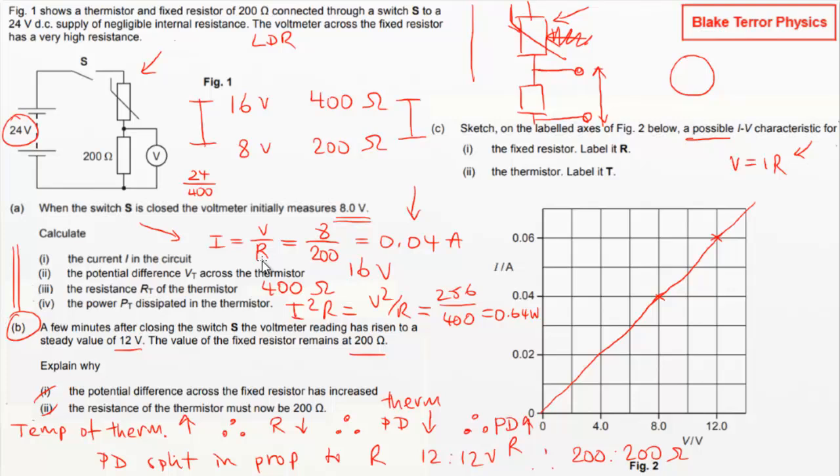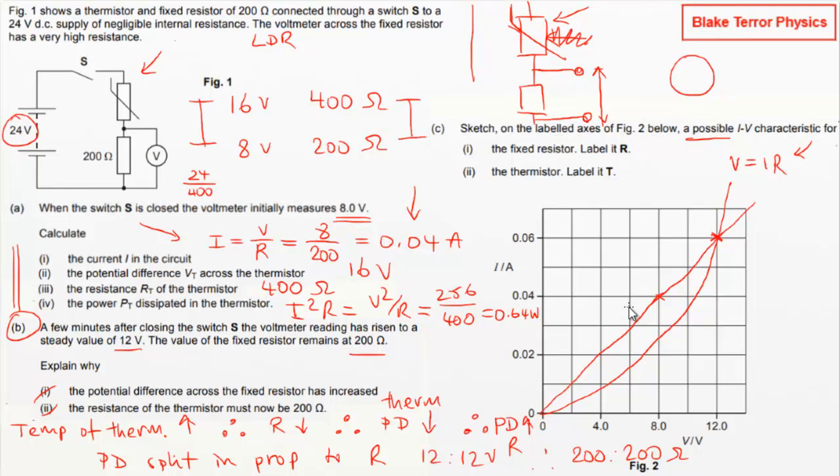But we know that the resistance of this is going to be 1 over the gradient, and the resistance is dropping as the voltage is increasing here. So we're going to have a graph which looks like this, ever increasing, going through this point here.